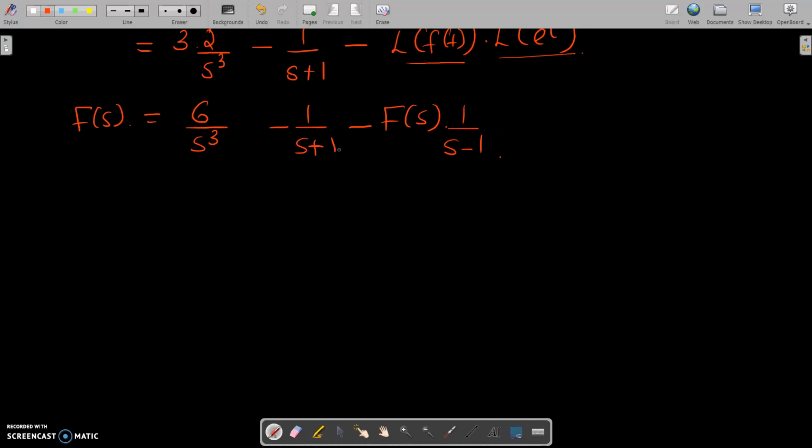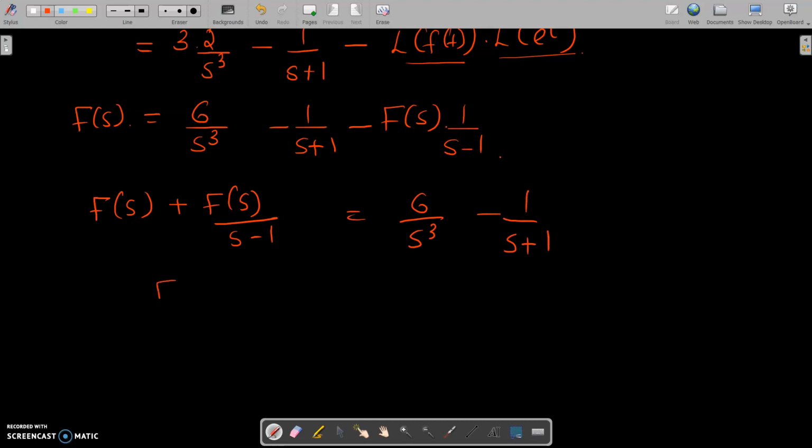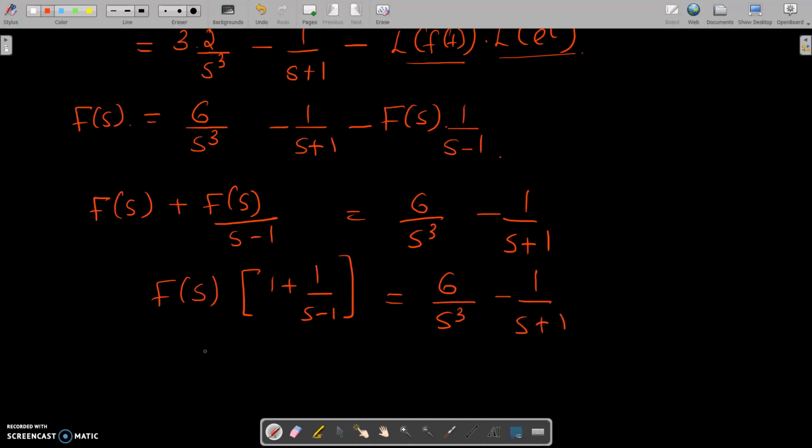Taking F of s into the left side, then F of s plus F of s by s minus 1 equal to 6 by s cube minus 1 by s plus 1. So this is F of s into 1 plus 1 by s minus 1 is equal to 6 by s cube minus 1 by s plus 1.